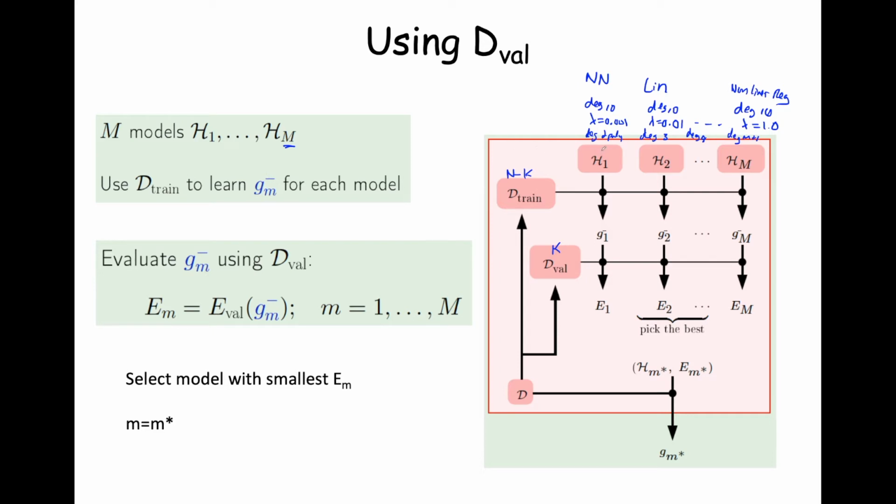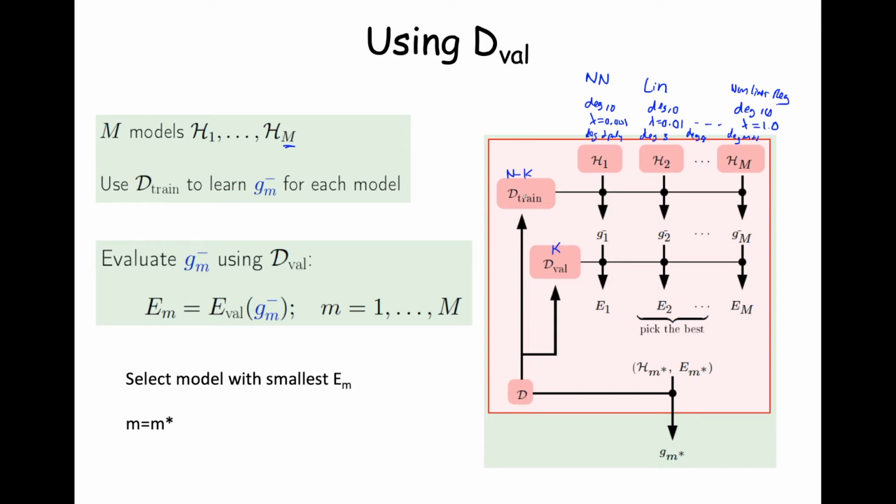Now again, because each one of these hypotheses trained on a limited or smaller version of the training set, we call it GM minus, where M, our index, ranges from 1 to big M because we have big M many hypotheses. This GM minus, this notation, that minus is used to represent that this resulting final best hypothesis is limited because the training set we use to train it is limited because we set aside these K many data points for the validation set.